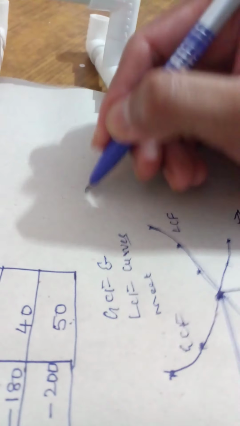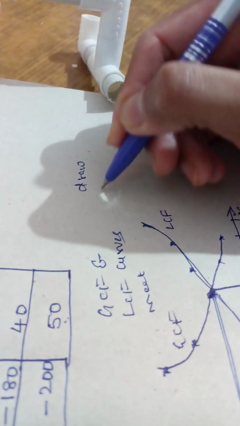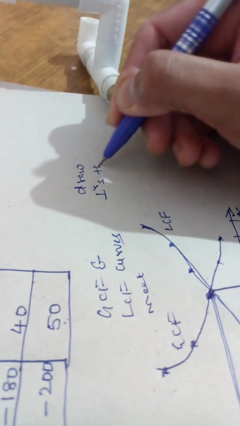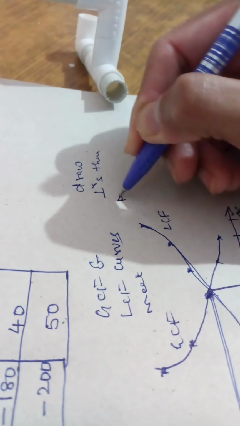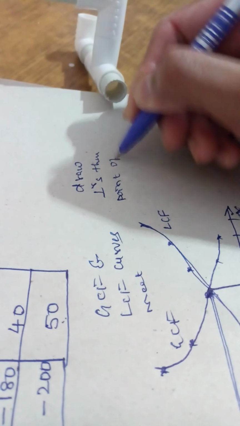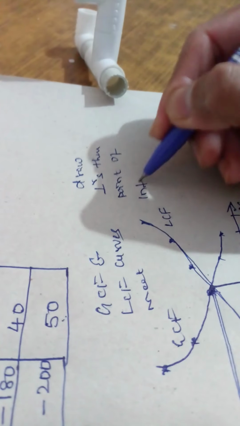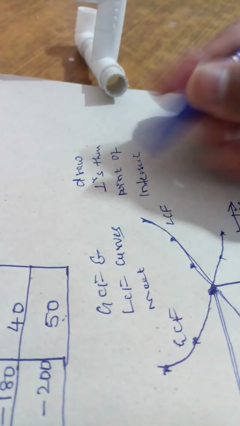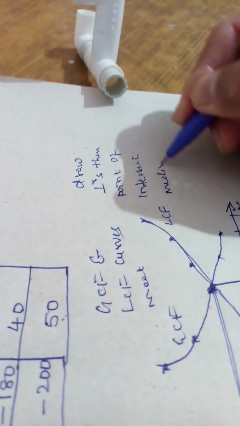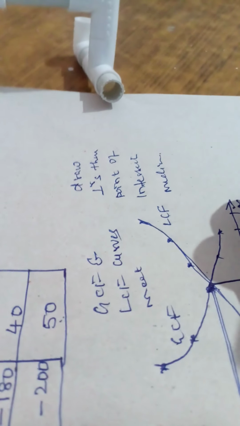Then the point of intersection will give the median. On the x-axis, where does it intersect? That is called the median.